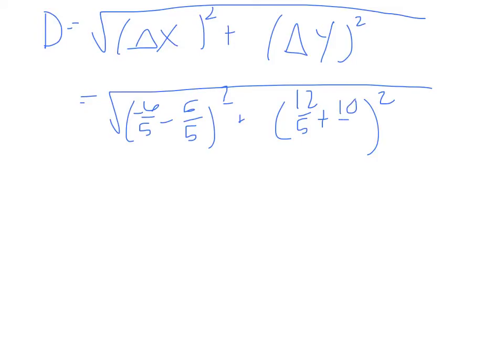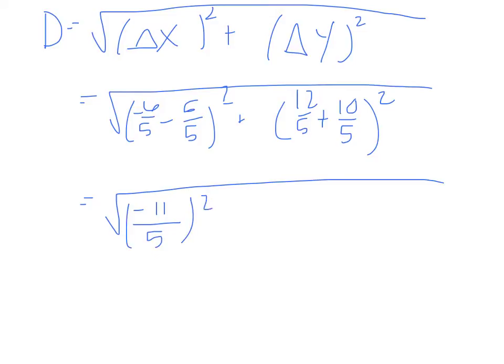And then from here, you are going to subtract, so you would get negative 11 over 5. You're going to square that, plus 22 over 5 squared.